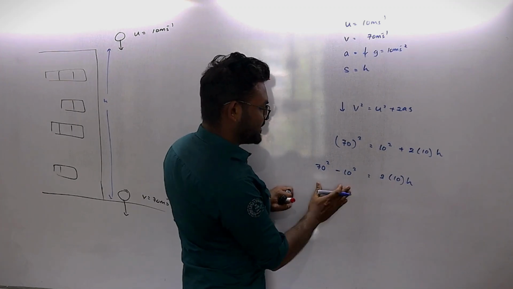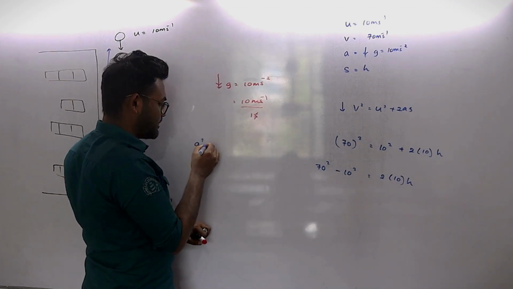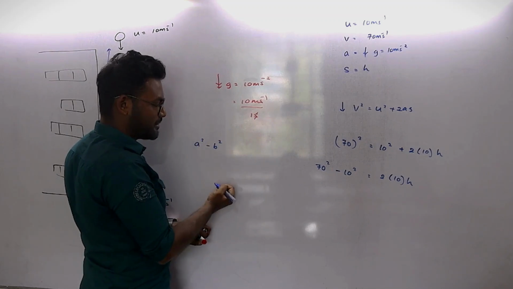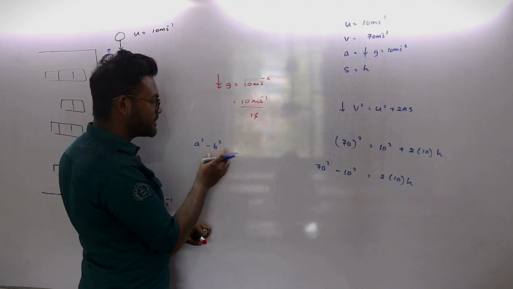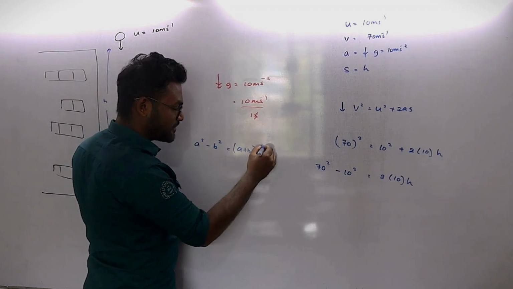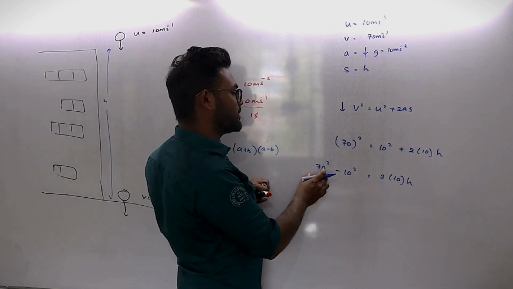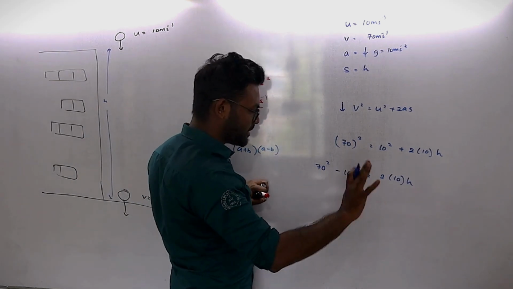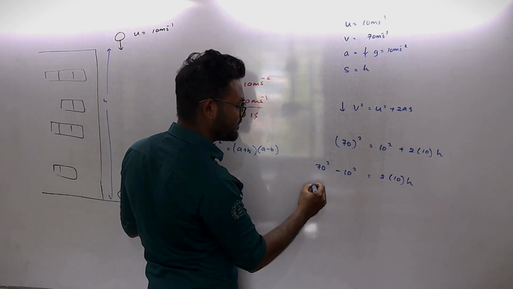What is this? Seems familiar, right? The difference of two perfect squares, I could write A plus B, A minus B. Instead of simplifying with 4,900, okay, totally fine, right? Come on, use some tricks, saves your time.